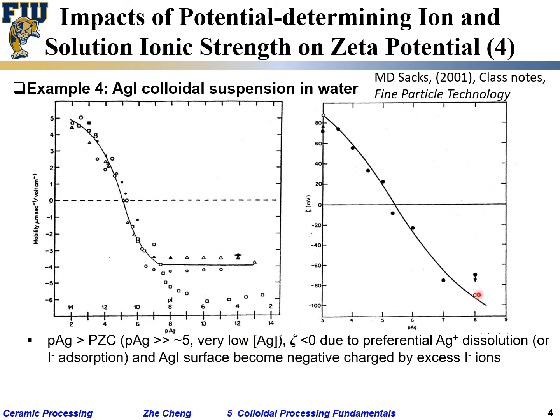The solution has very low silver, and you have silver iodide. The silver iodide will have a preferential dissolution of silver. Make sense? The solution has very little silver, so the silver iodide has a tendency to give out silver. Because of this, it would have remaining iodine ion attached to the surface.